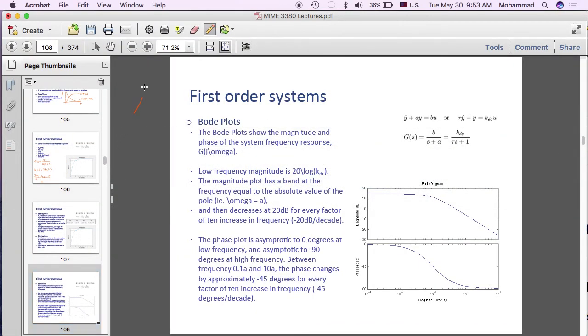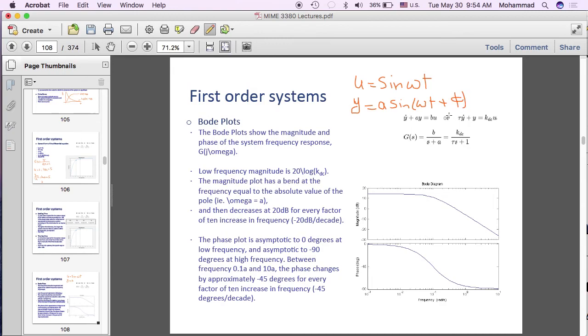The input to the system, U, is sine omega t. So if you excite your system with sine omega t, how will the system respond? The output of the system is going to be A sine omega t plus phi.